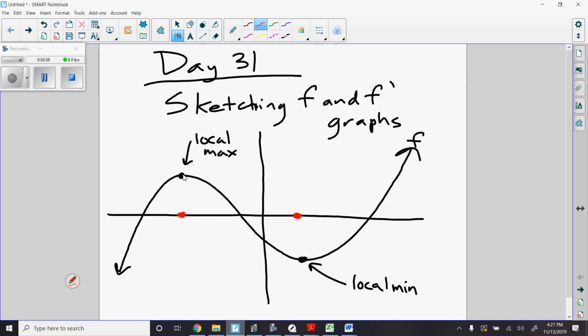Now, I know since it's a local max, my f prime graph is going to have to switch from plus to minus.